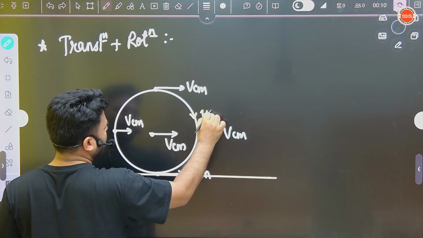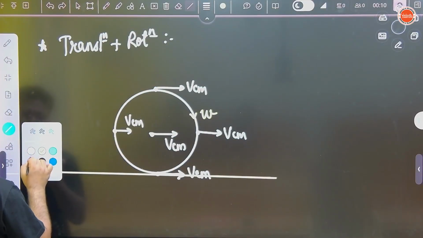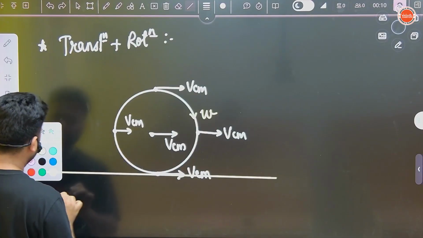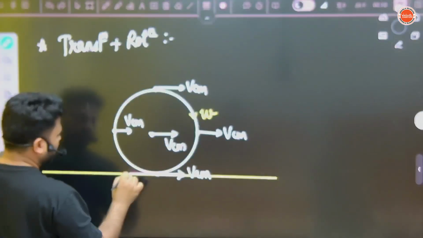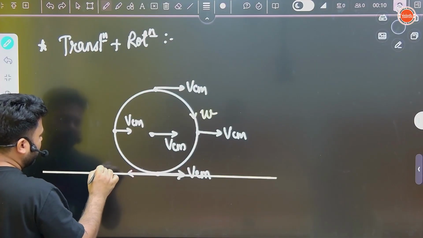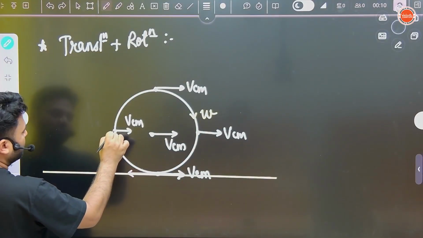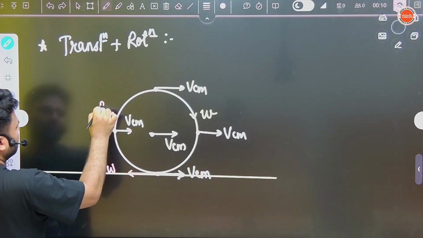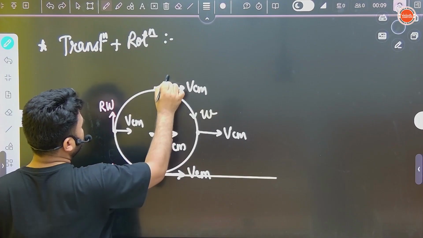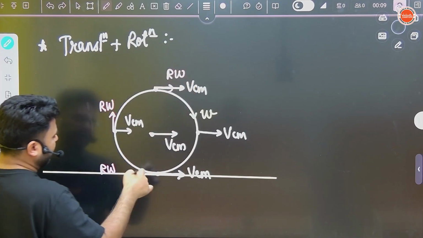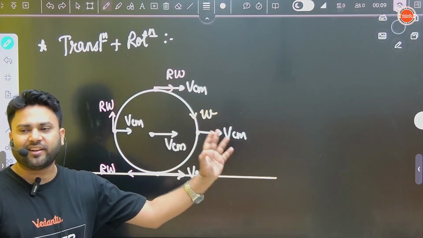But since the object is rotating also with omega, due to rotation, what can we write? At this point, if someone asks what is the speed, I will write r omega. Here also r omega. Here also r omega. This speed I am writing due to rotation. This VCM I have written due to translation.